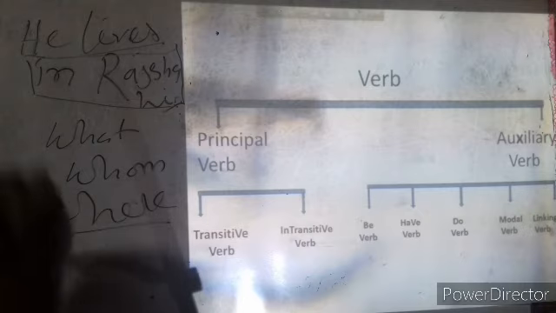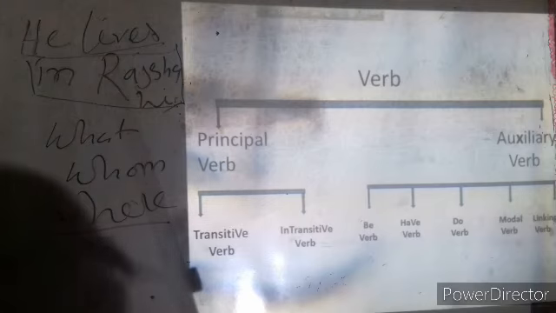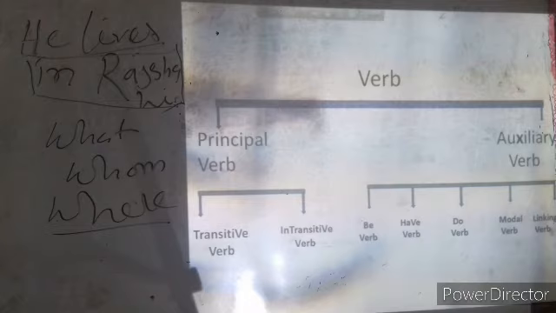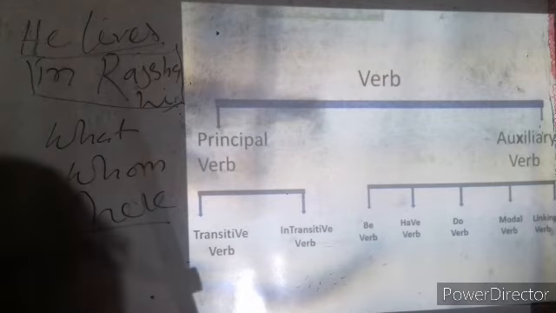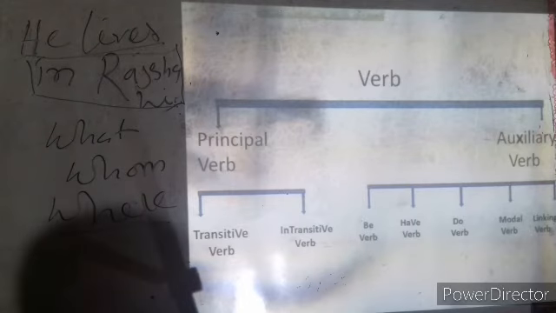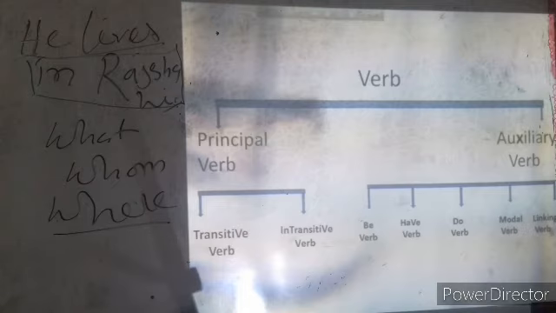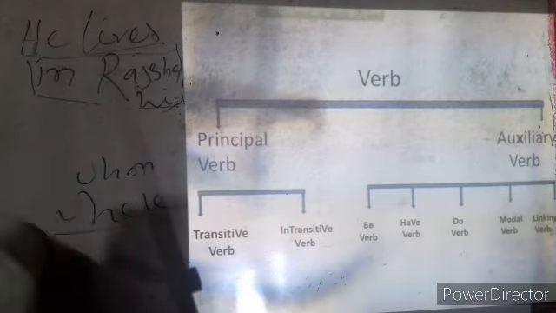Number 2, if we are able to ask the verb with what or whom and the answer is included in the sentence or after the verb, then this verb will be called transitive verb. And if we are unable to ask the verb with what or whom, but we can ask the verb with where, and the answer will be included in the sentence or after the verb, then this verb will be called intransitive verb.